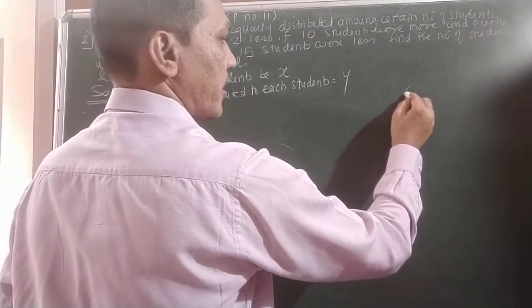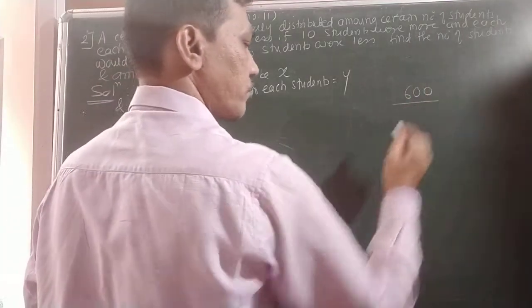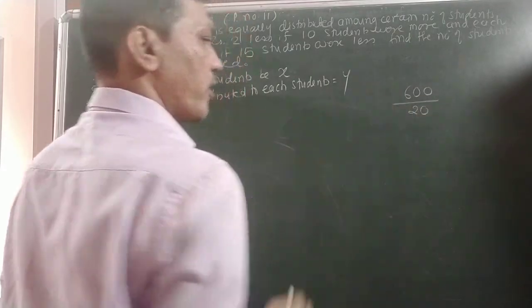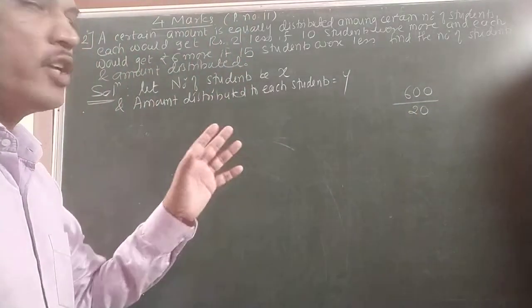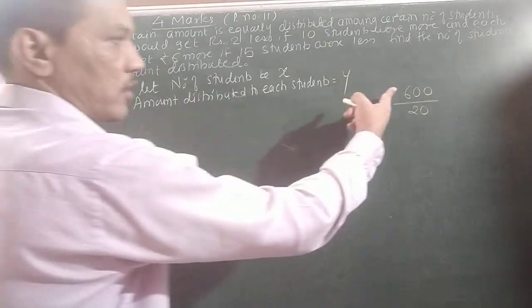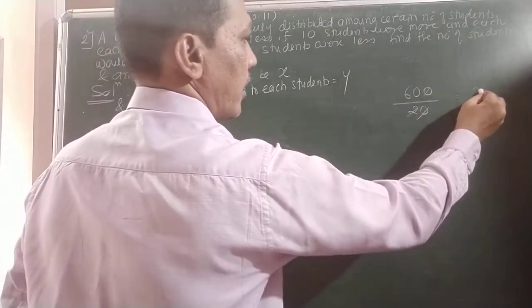Suppose I have 600 money with me, and there are, suppose, 20 students. So how much money will each student get? 600 divided by 20 students, so each will get 30 rupees.